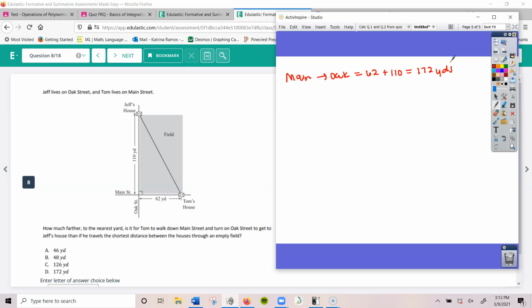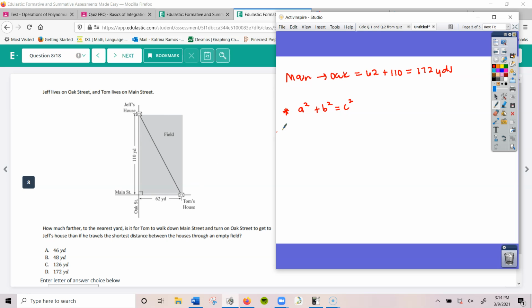Now it's asking how much more would he travel if he were to go this route than if he were to go through the field. To figure out the length of that field, that's the Pythagorean theorem, because as long as you have two sides of a right triangle, you can figure out the third side. The Pythagorean theorem is a squared plus b squared is equal to c squared, where a and b are the legs of the triangle, and c is the hypotenuse, which is the diagonal.